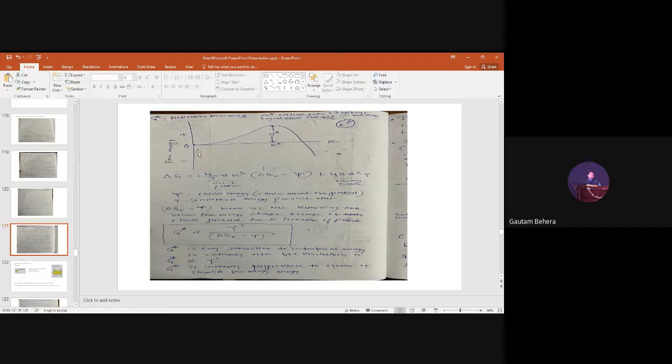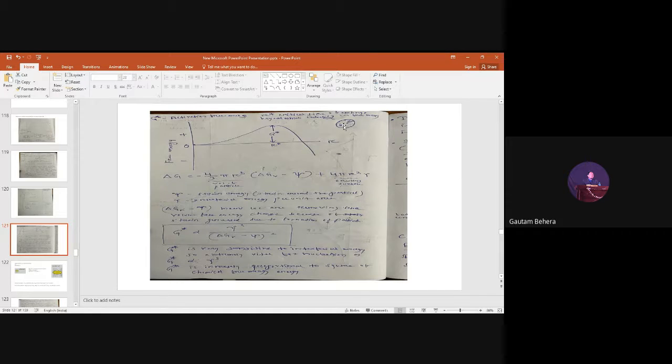Now this is free energy versus r, the radius of the precipitate. How many of you remember? Let me see. This is completely related to your nucleation and growth part, while I was talking about phase transformation, liquid to solid phase transformation. But here it is actually a solid to solid phase transformation.